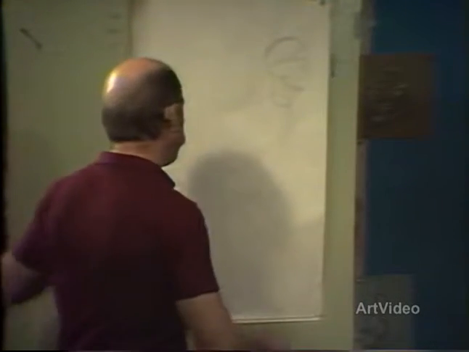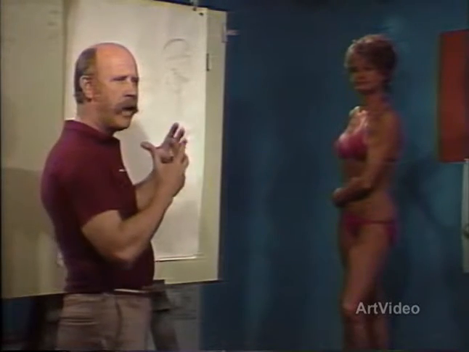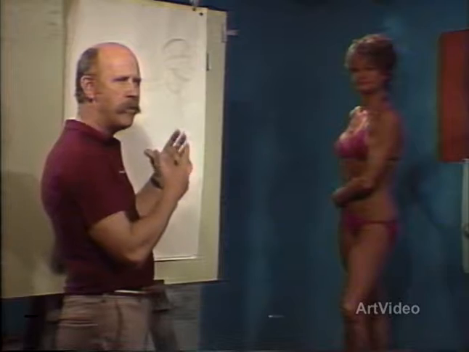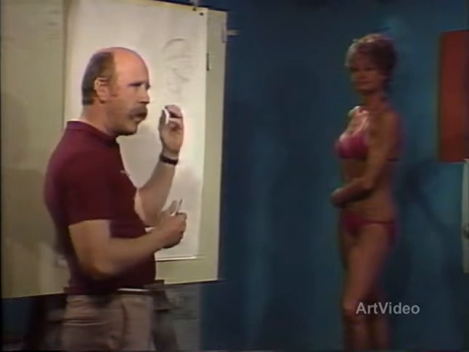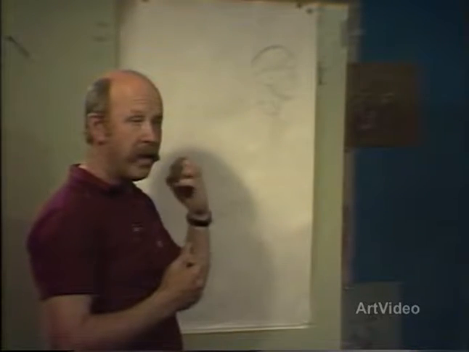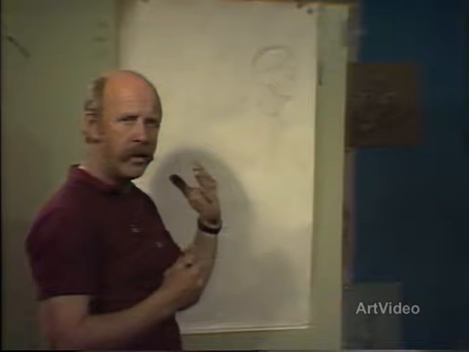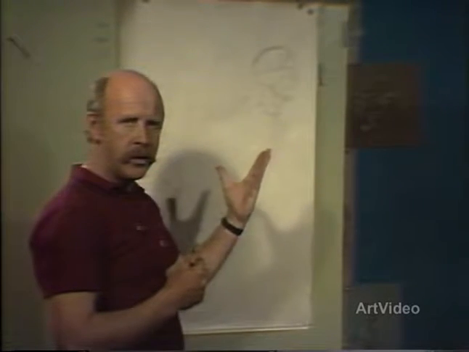We try to break the model down into very, very simplified volumes and masses, whether they're spheres, boxes, something that the mind can easily perceive. Because what we're trying to do is communicate. Again, we're not copying. We're trying to analyze and communicate what the model is doing.